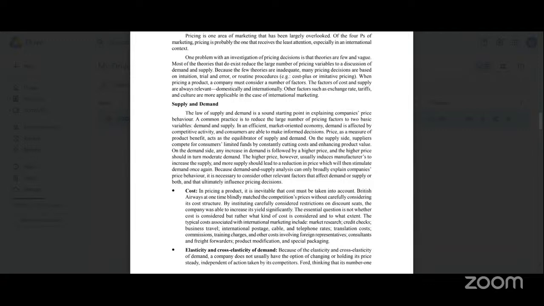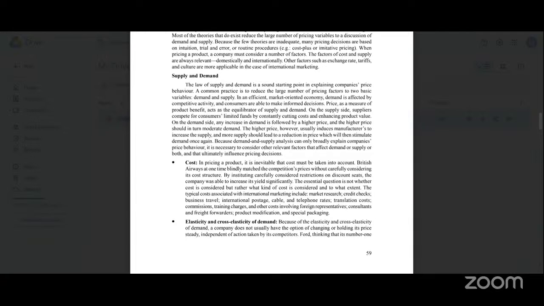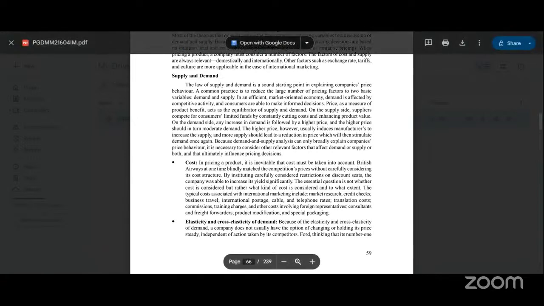That is, I'm taking my cost as a base factor and I'm attaching a premium over it to make sure that I'm getting some revenue out of it. Or is it imitative pricing? I'm looking at my competitors and then pricing accordingly. So pricing has to consider several other factors. It has to consider factors like exchange rate, tariffs, culture, etc.